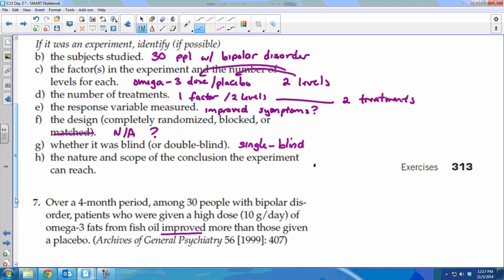And then the nature and scope of the conclusion the experiment can reach. Well, really, we don't have enough information about the improvement of symptoms, but I could probably extend it to bipolar patients. I don't know, it's kind of sketchy, right? It doesn't really give us a whole lot of information to go off of.